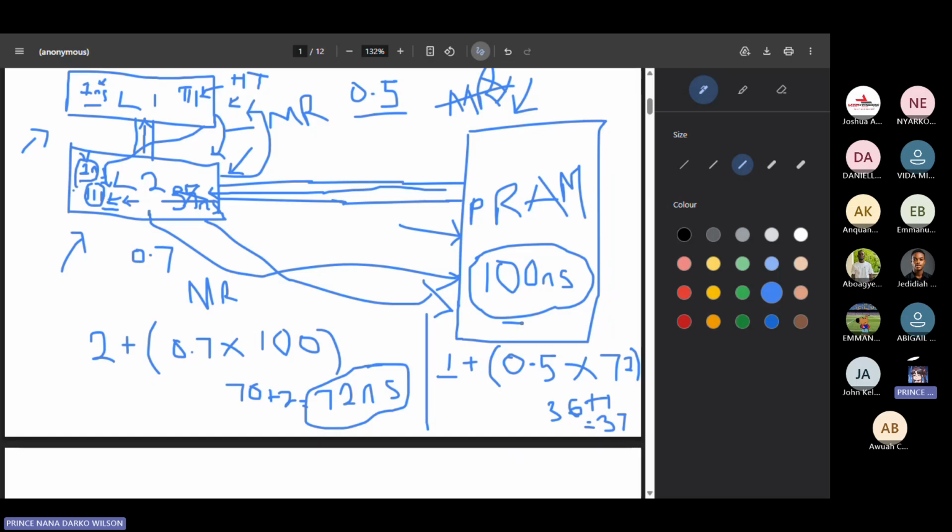And this is only due to the fact that the RAM's penalty has an effect on level 2, and level 2's penalty is also having an effect on level 1. This is done in inclusive systems. In exclusive systems, you just have to face level 1 and RAM separately, or level 2 and RAM separately. But this is for the inclusive system.